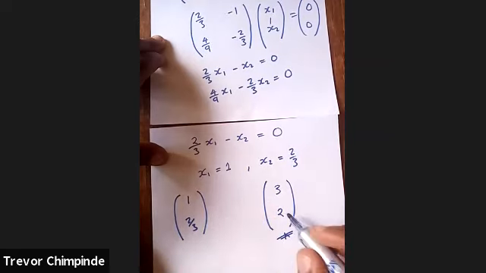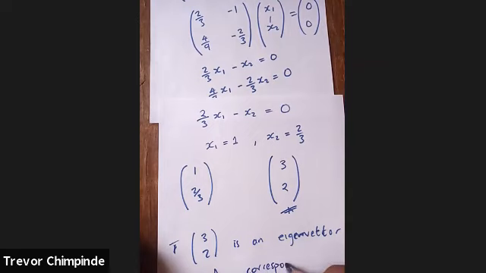So I can say this vector 3, 2 is an eigenvector of the given matrix A corresponding to eigenvalue 1/3.